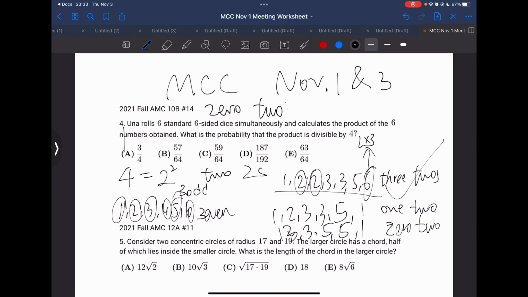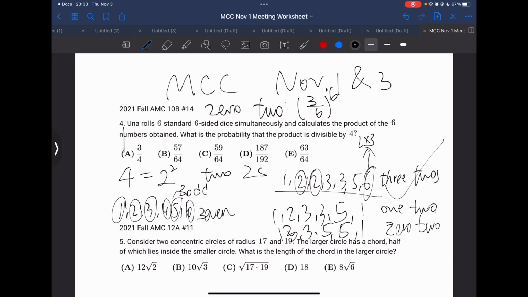So for zero 2's, every die we roll should be an odd number. And the probability that we get an odd number is 3 out of 6. And because there are 6 dice, we have (3 out of 6) to the power of 6.